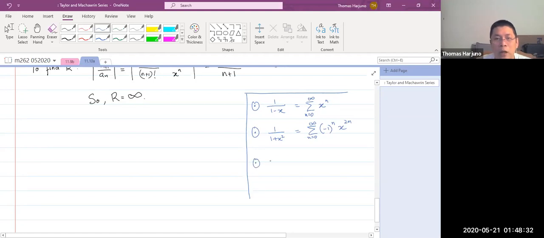Then ln of 1 plus x is represented by the alternating series of x to the n plus 1 over n plus 1, from n equals 0 to infinity.